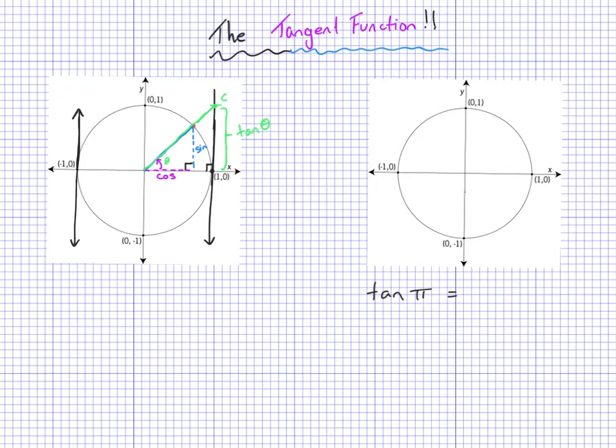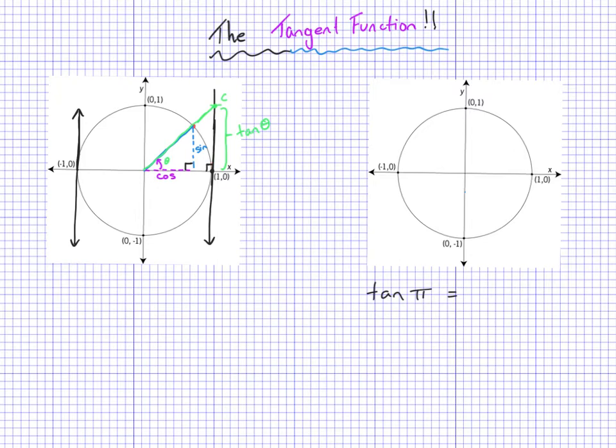So to recap, when you map a point on the edge of the circle, its height is the sine function, its horizontal distance is the cos function, and if you extend the line through the point to where it hits the tangent, the total height of that tangent line would be the tan function. It's not as intuitive as sine and cos, but it still makes sense in a picture. So this height here is the tan function.